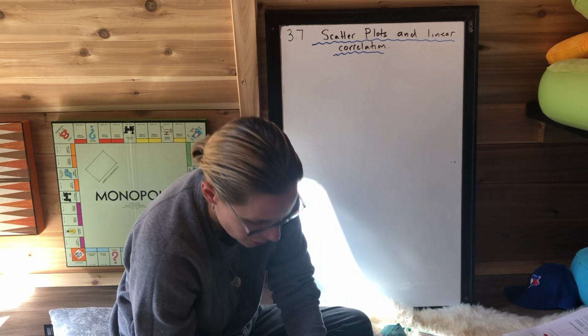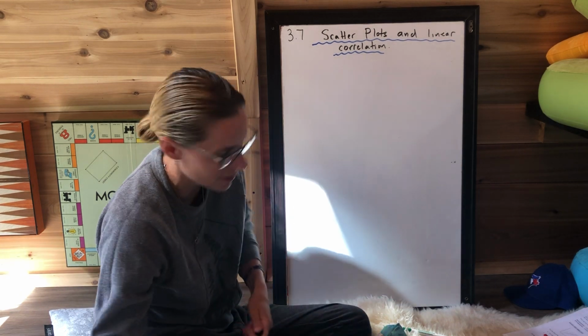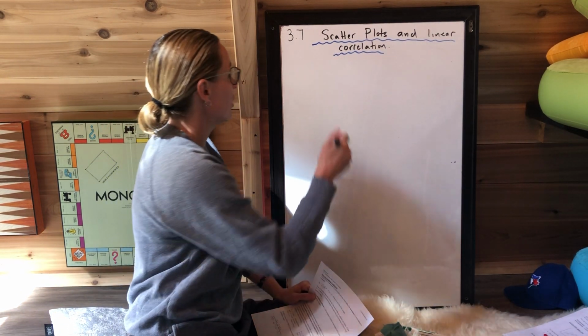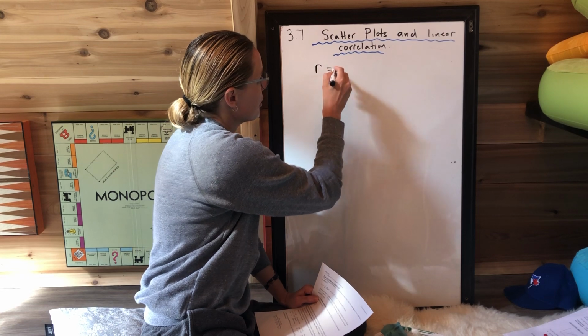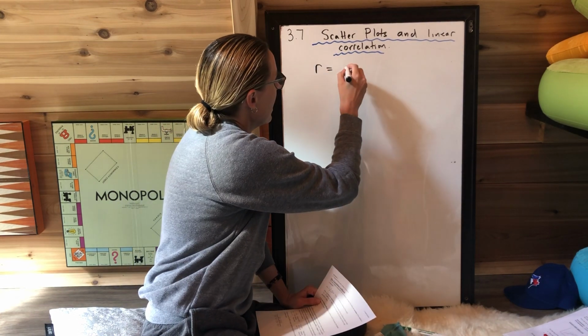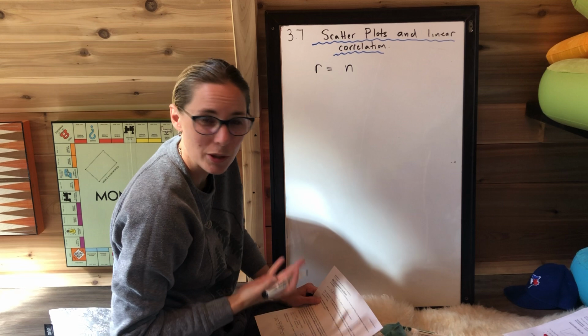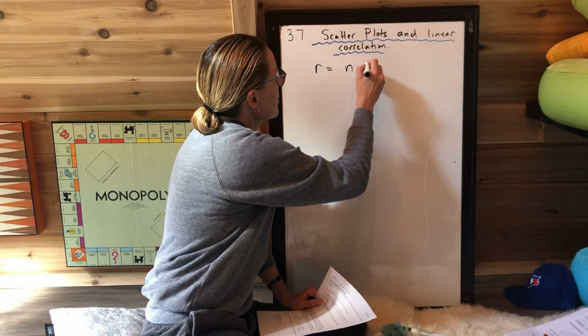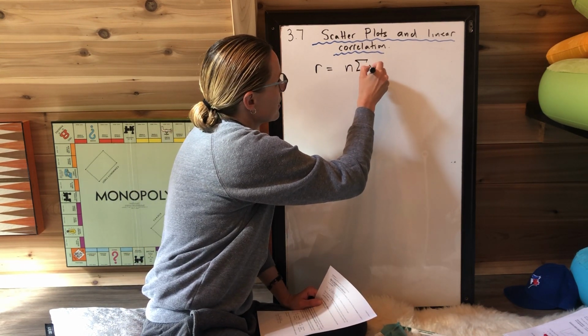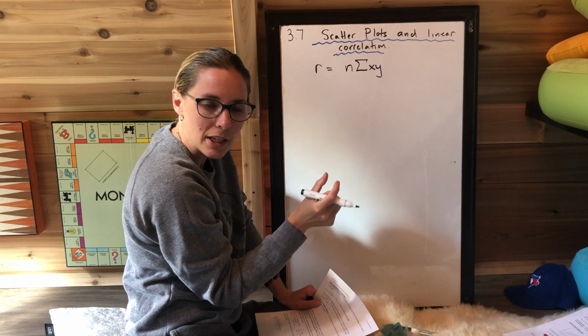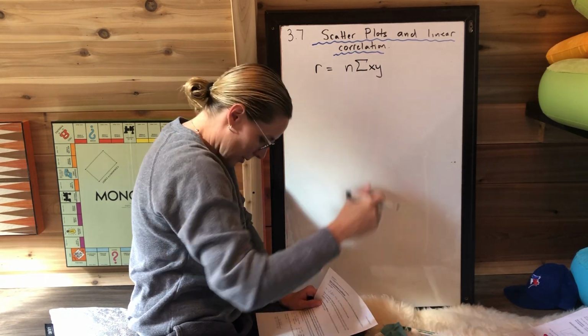Okay, but basically this question goes like this. First of all, they give us the formula for coming up with an R value, and it looks scarier than it is, I promise. n is the number of terms we have. We've already talked about that. The sum of x times y: you multiply your x value and your y value, and add them all up.